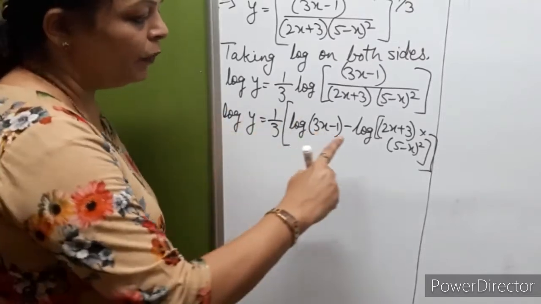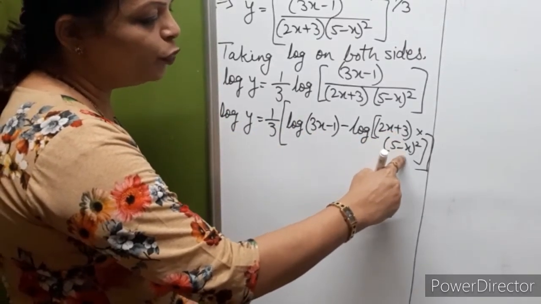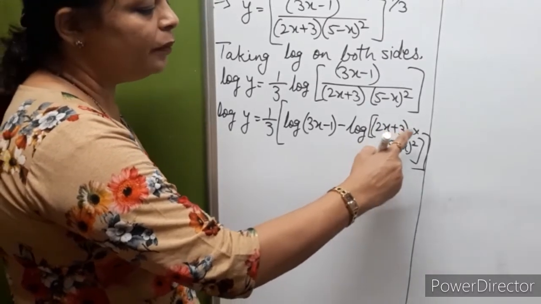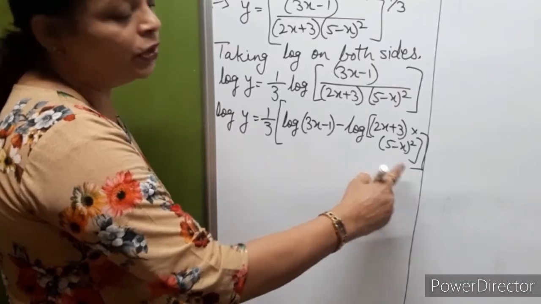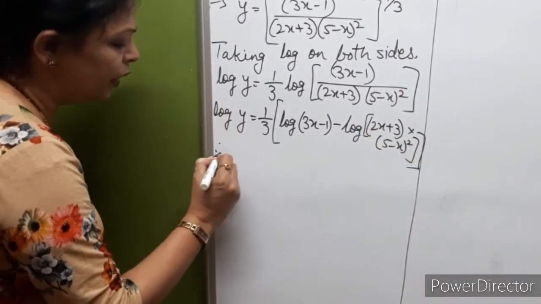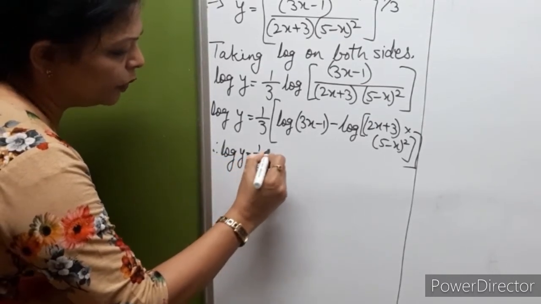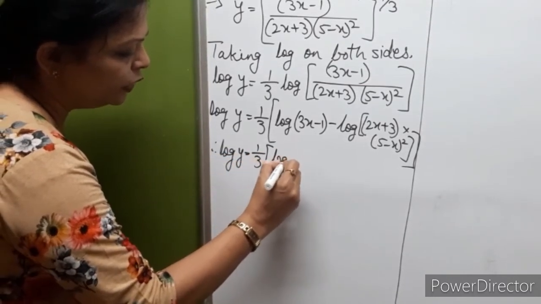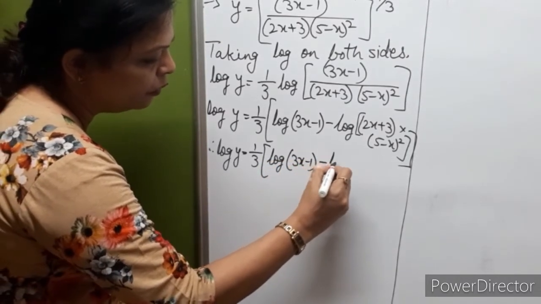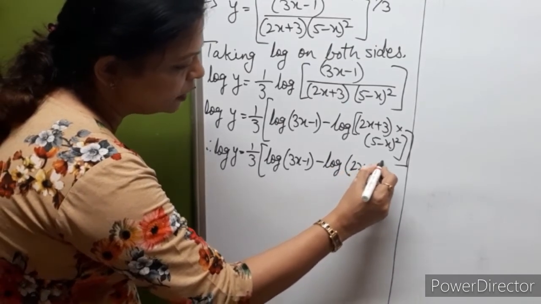Now see, again over here what we have got, log of a into b. What is log of a into b? It is log a plus log b. So here again you will get two terms. So you get log y is equal to 1 upon 3 into log of 3x minus 1 minus log of 2x plus 3.